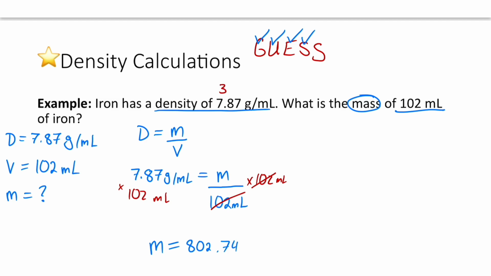Density 7.87 has 3 significant figures. Our volume of 102 also has 3 significant figures. So our answer should have 3 significant figures. Which gives us a final answer of 803 grams. And that wraps up our notes on density for today.